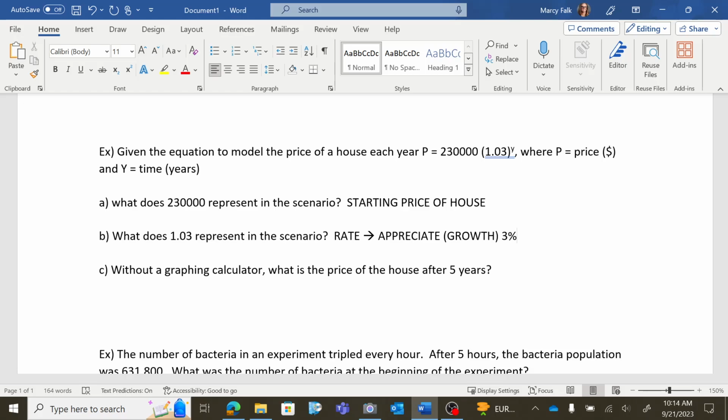So then, what is the price of your house after 5 years? Can you tell me that just without graphing it again? How much is your house worth if you go to sell it 5 years later?